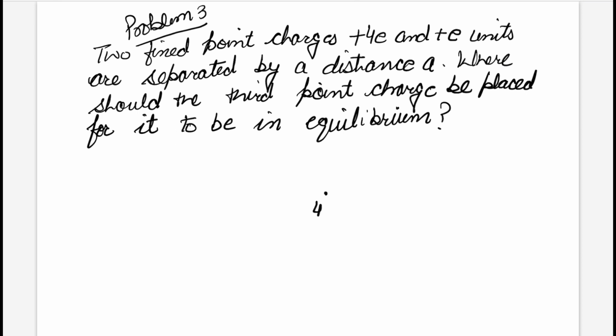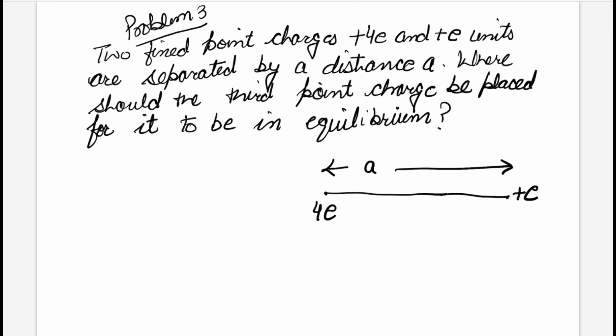One is plus 4e, another one is plus e, right? Both these charges are separated by a distance a. So the distance of separation between these two charges is a, right?